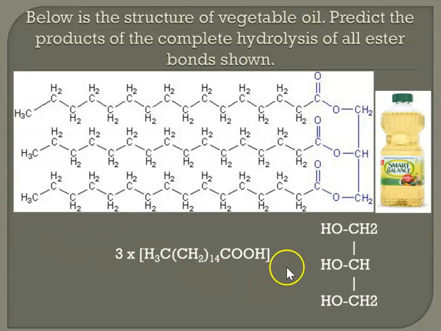What you should have come up with is you have alcohols at each of these regions where the ester bond was formed. And this is actually glycerol, or glycerine. This is that molecule. It's the backbone for fatty acids. And then we also will have these big long chains of carboxylic acids coming off the back end.